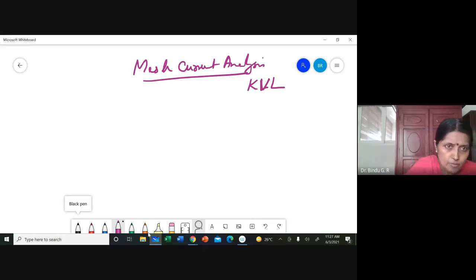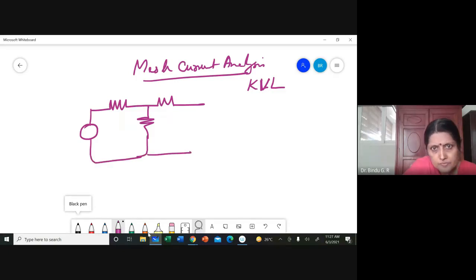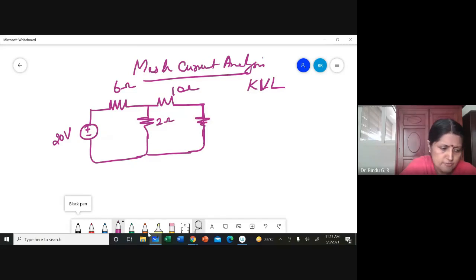So, for example, you used to have meshes like this, and there you were given only, say, 20 volt, 6 ohm, 10 ohm, 2 ohm, another resistor 4 ohm. You were given only voltage sources there, so it was easy for you to apply KVL. But suppose I provide a current source as well.